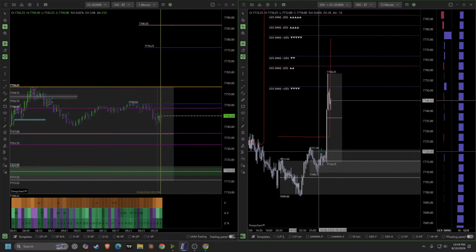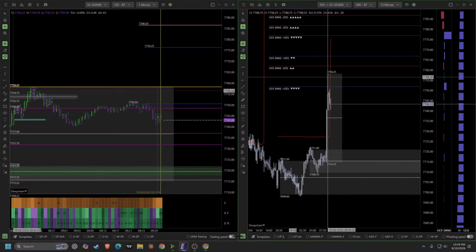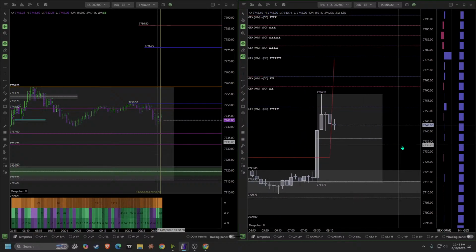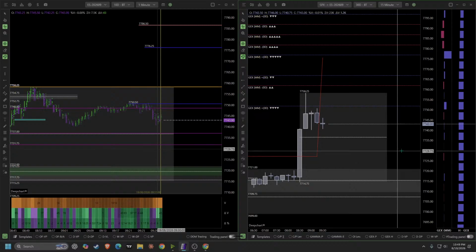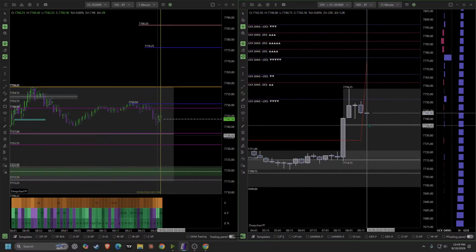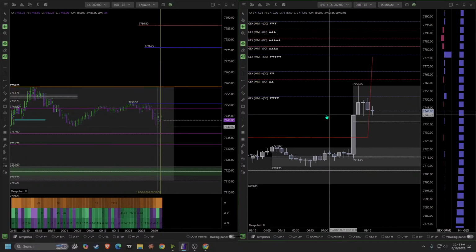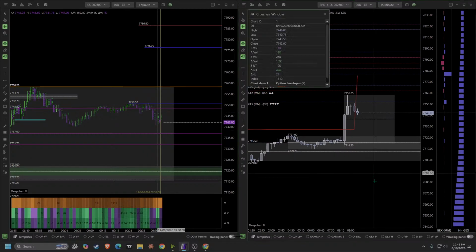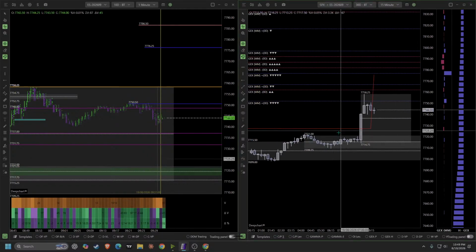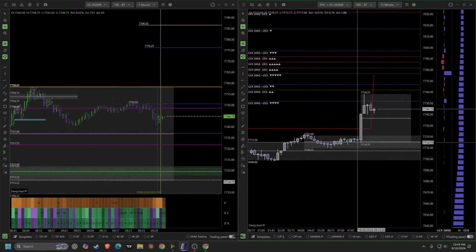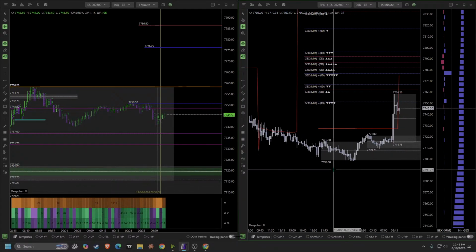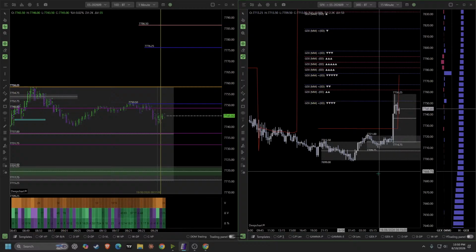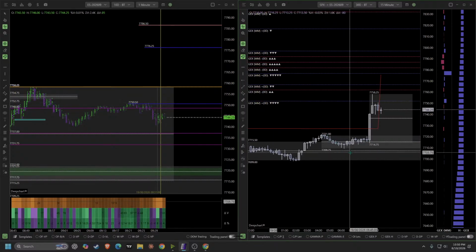So we could consider this the third higher high and higher low. Now, generally speaking, we're looking for a tap back into this zone down here, or this zone, or taking off the high that put in this low.